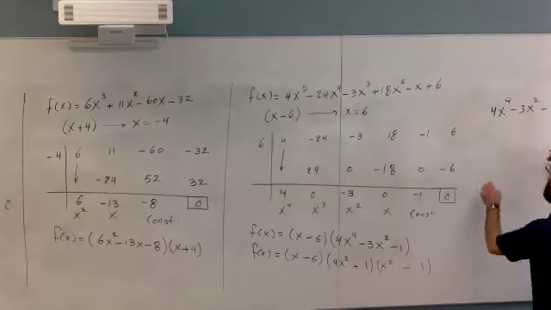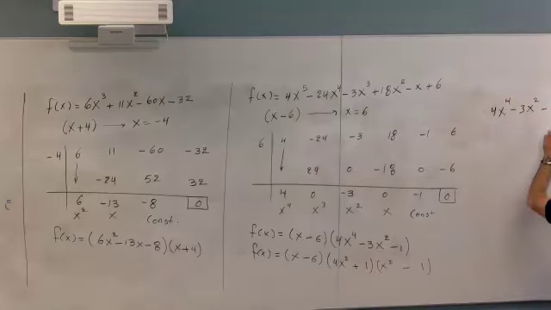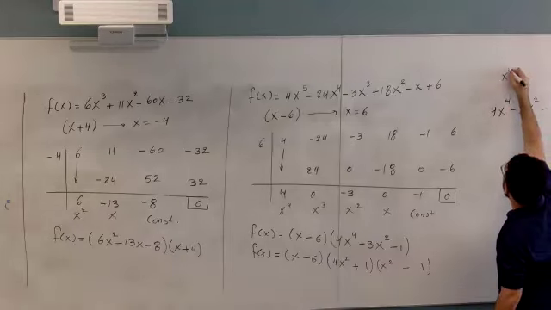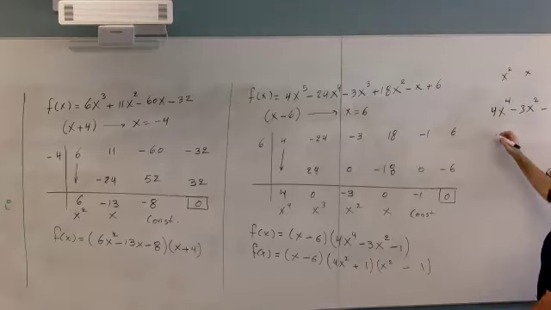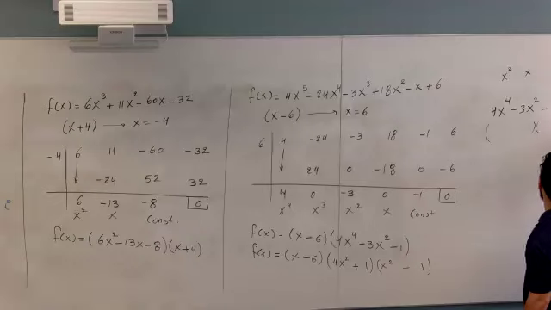How am I going to factor this one? How many terms do I have? 1, 2, 3. It's 3 terms, it's a trinomial. But this is the power, and this is half of the power. Before, we used to get x squared and x. It's the same thing.